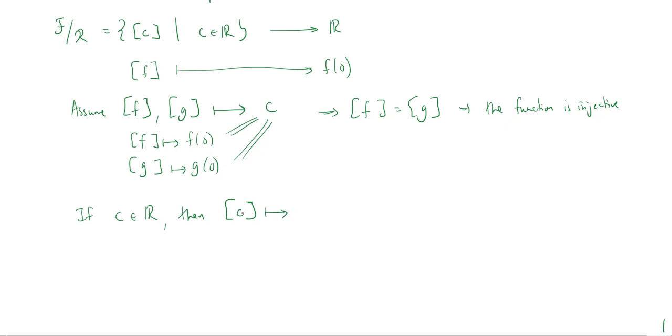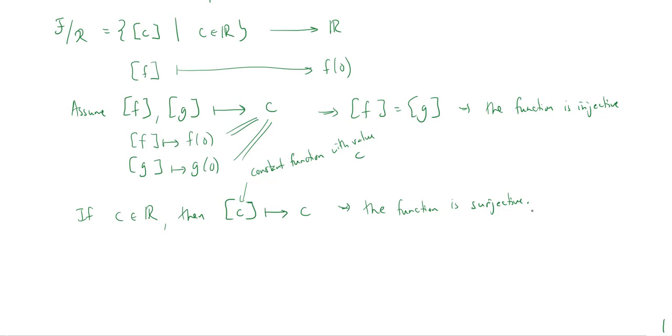Think of this as the constant function now, not the real number. Take the class of the constant function with value c. Where will this be at 0? It'll be c, because it's a constant function. So this implies that the function is surjective.